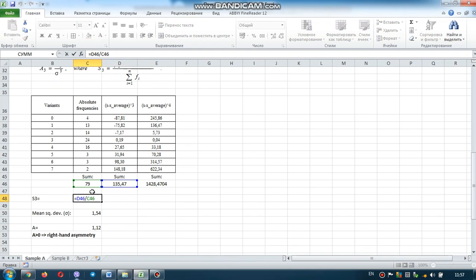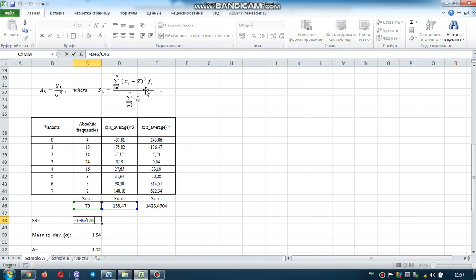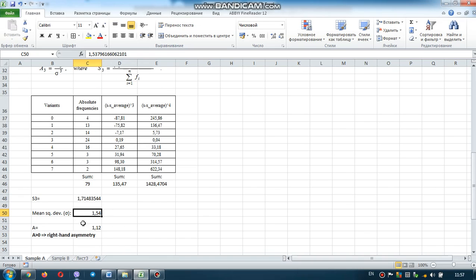Then we determine S3, and we have to copy the mean square deviation from the previous laboratory work. This is sigma. You can find it in your previous works and paste this value here.